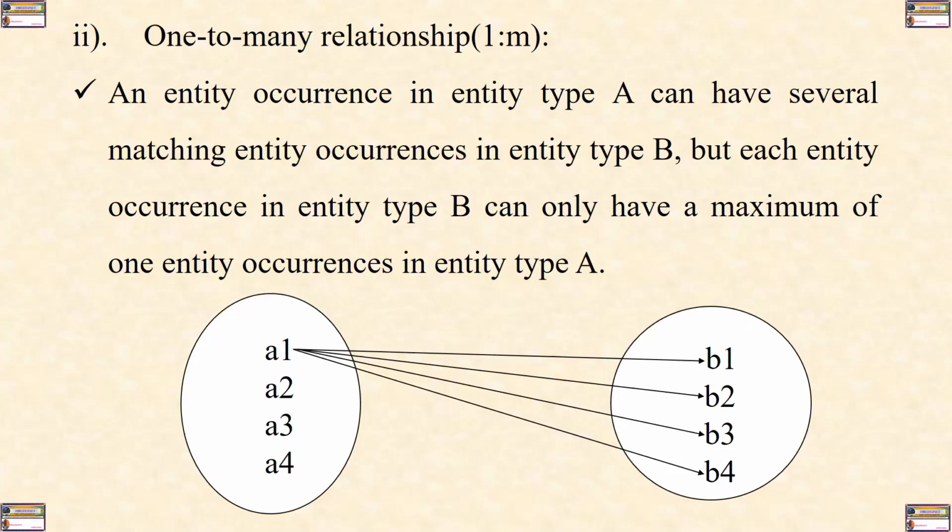The same applies to field B2, which has only a single relationship with a single field in table A, as you can see. So that's what we call one-to-many.